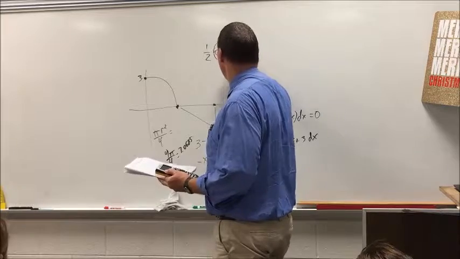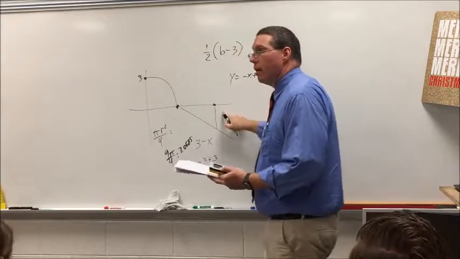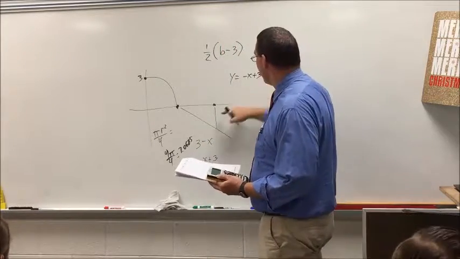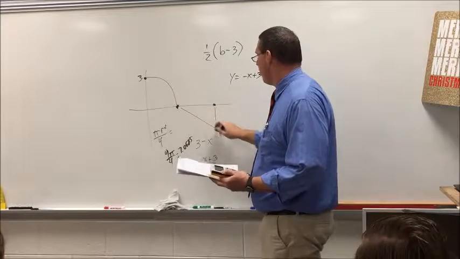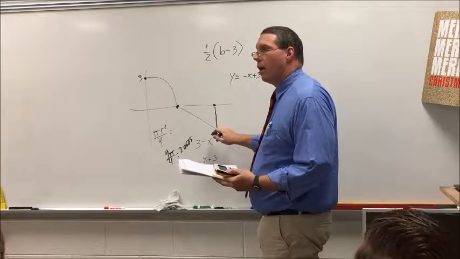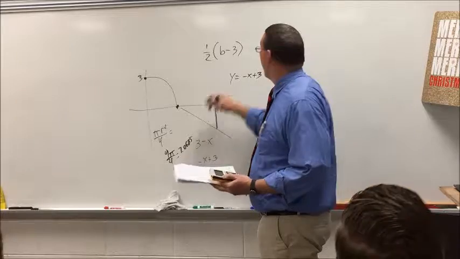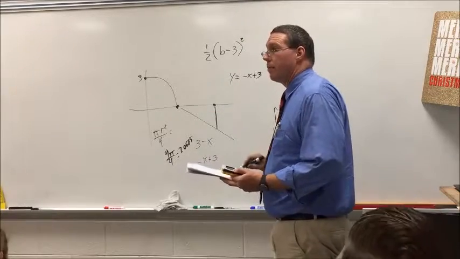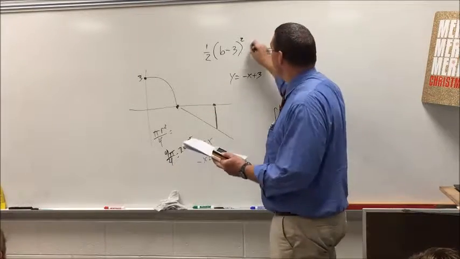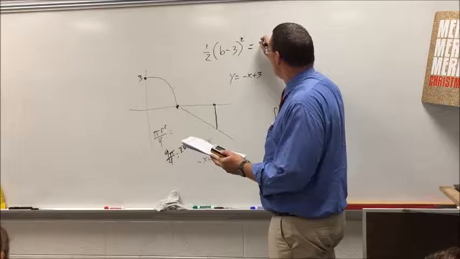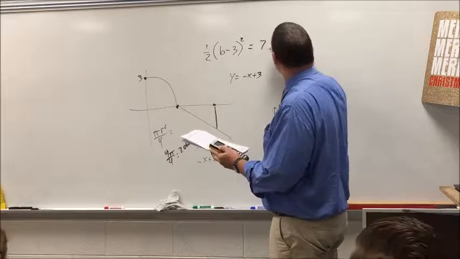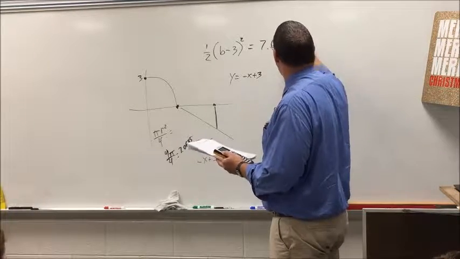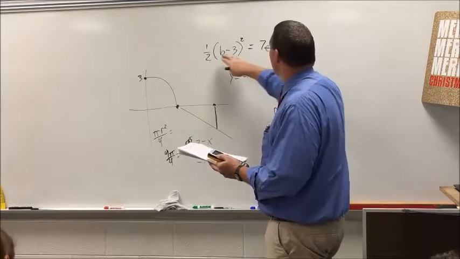Actually it would be b minus 3 squared, because this is a 45-45-90 triangle. So 1/2 times (b minus 3) squared has to be equal to 7.0685, and then solve for b.